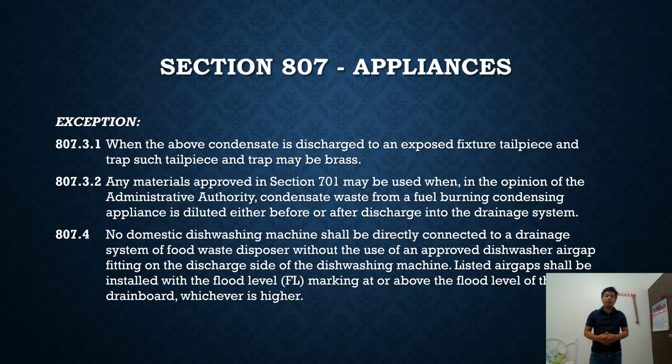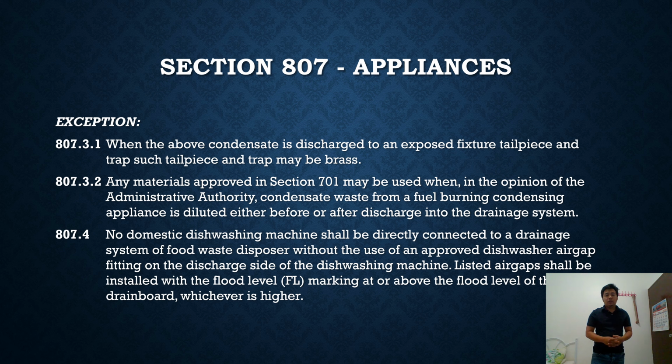No domestic dishwashing machine shall be indirectly connected to the drainage system or food waste disposer without the use of an approved dishwashing air gap fitting on the discharge side of the dishwashing machine.